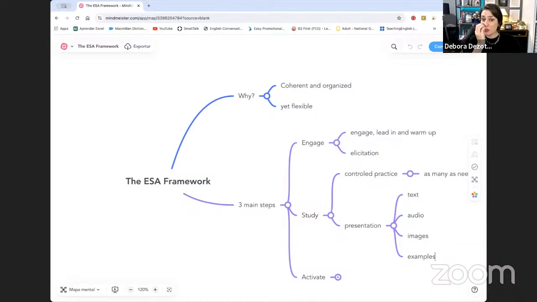Do you see that we don't just look at the words or whatever it is that you're going to teach, and you just talk about that at length and let your students just be spectators of your show? That's not how it happens. That's not how it is supposed to happen. Even in the presentation phase, even in the study phase, it is very important that you keep your students engaged, that you keep your students involved in the process.